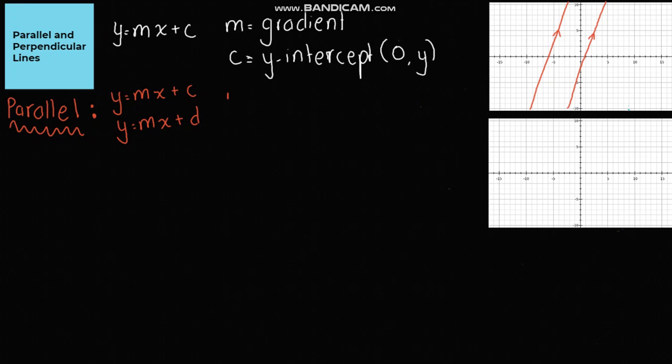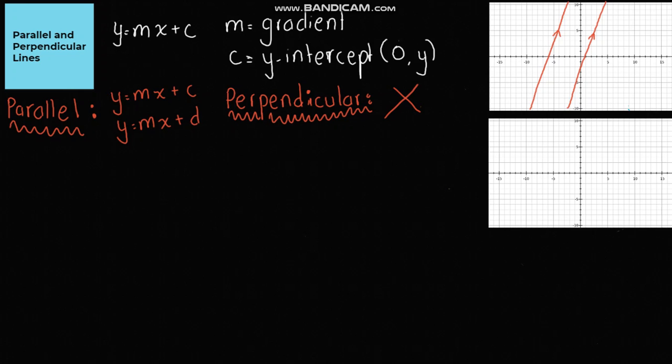And then perpendicular is a little more complicated, but not by much. Perpendicular lines are lines that, when they intersect, form a 90-degree angle.